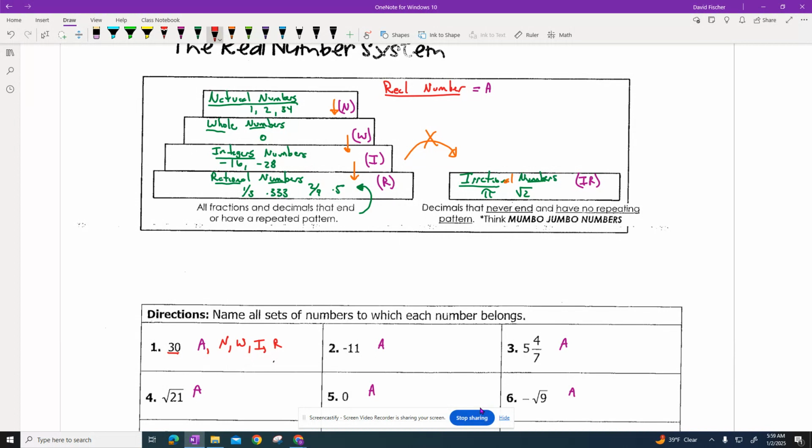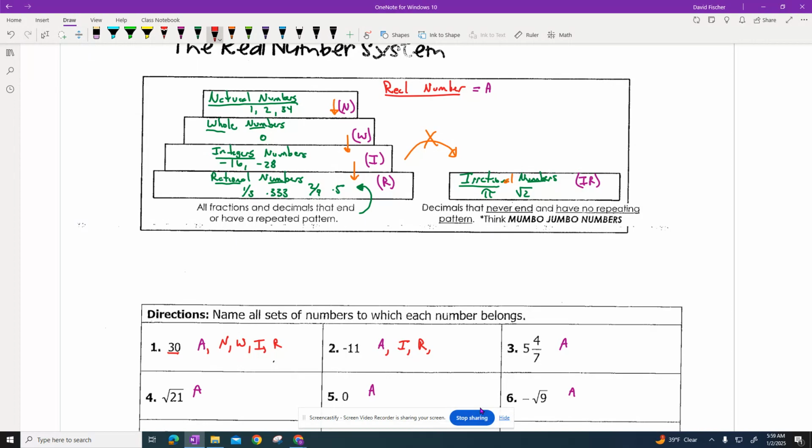So this is the reason I like this stacking cake kind of method, is they can only fall down, they can never go up. So now if I come over here and look at -11, -11 has a negative, so it starts right here at integers. So after I have that it's a real number, I say it's an integer and it's a rational number.